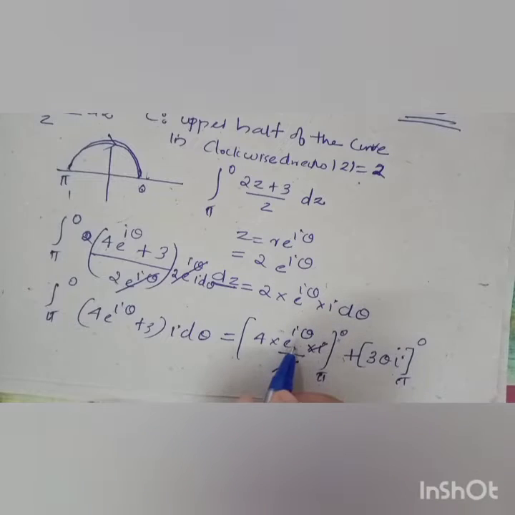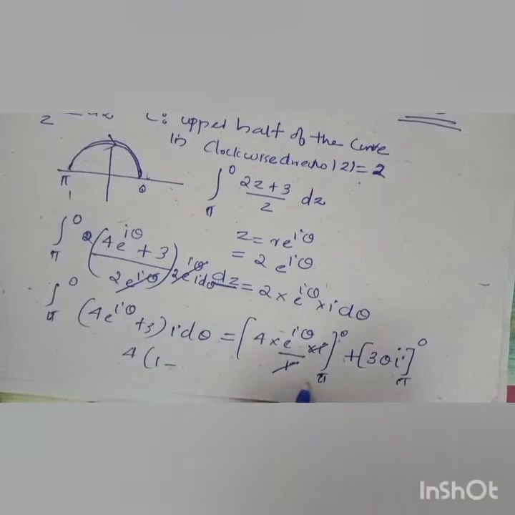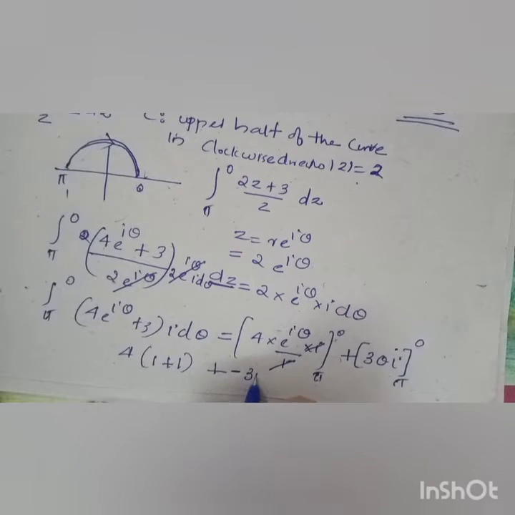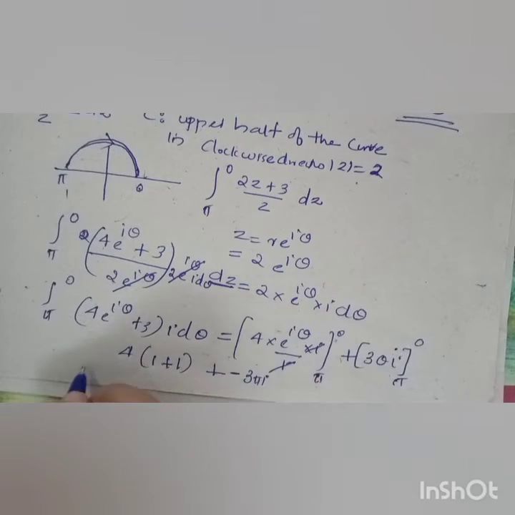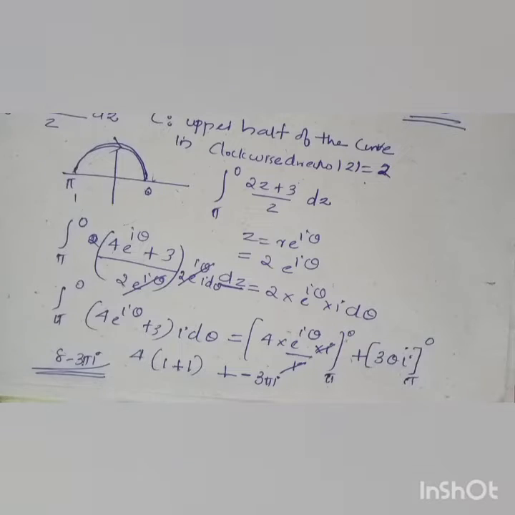So e raised to 0 is equal to 1. So 1 minus e raised to I pi is minus 1. So 1 plus 1, that is 2, times 4 gives 8. 3 into 0 is 0, 3 into pi is there. So minus 3 pi I is there. So 8 minus 3 pi I is the answer. Okay.